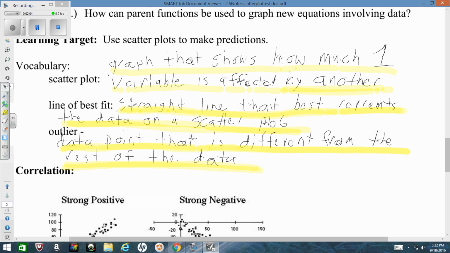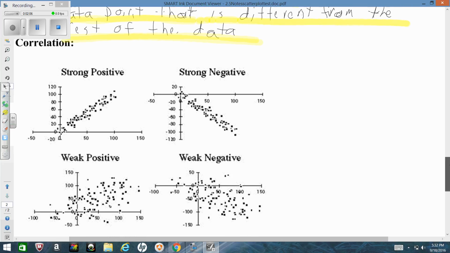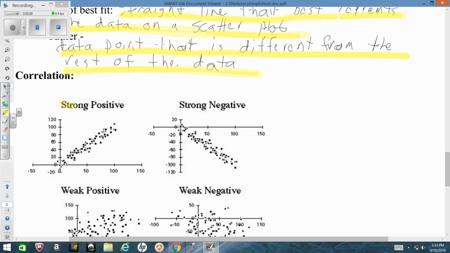Scatter plots have four types of correlation. First is strong positive, meaning it's going in a positive direction and the data is all close to one another. Strong negative: the data points are close to one another, going in a negative direction.